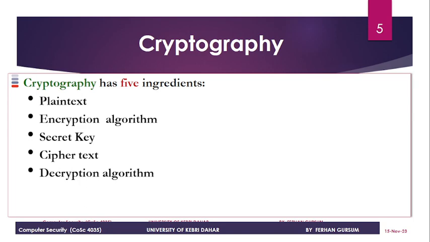Decryption algorithm is used for converting back plain text from cipher text. Okay, these are 5 ingredients that are available in cryptography.